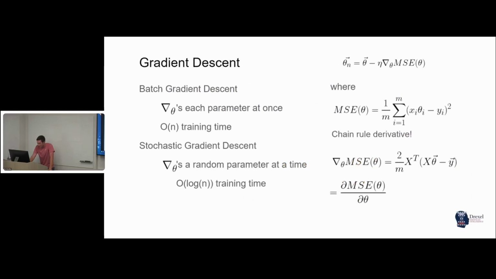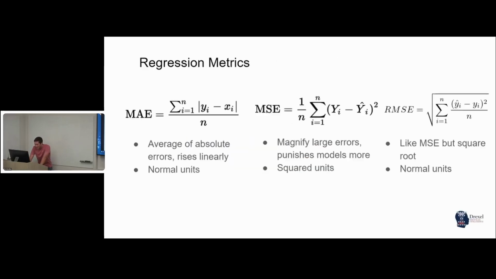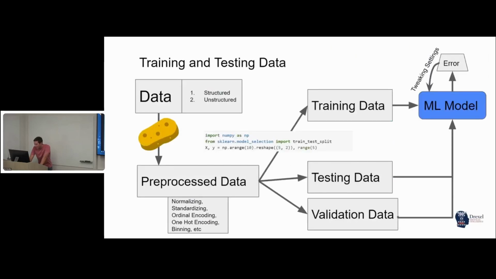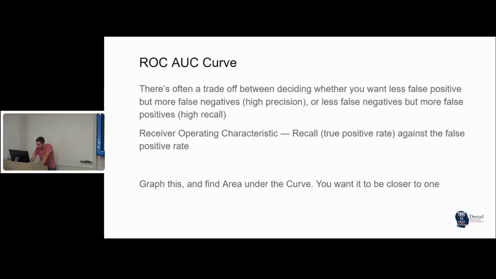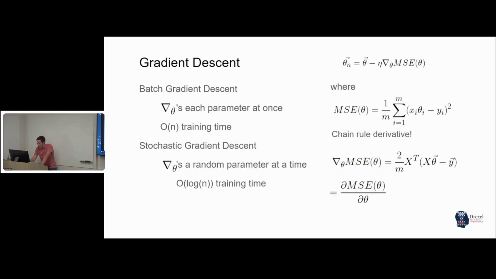All right, so this is probably the heaviest math slide, gradient descent. I mentioned earlier, if we go back to the beginning, that the model tweaks its settings with an error. So what exactly is the error? That error is found by gradient descent. You want to pick some kind of error function, like the mean squared error or the mean absolute error, and use it with the parameters themselves.